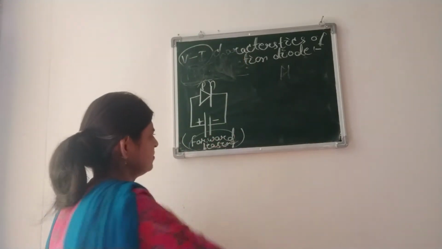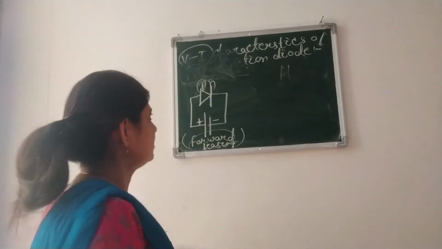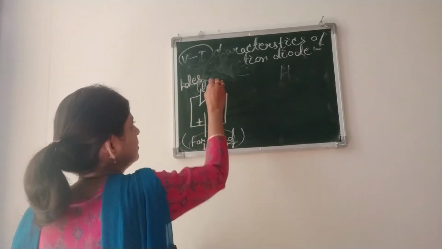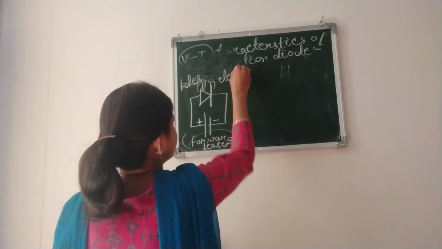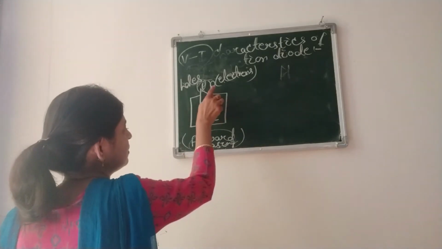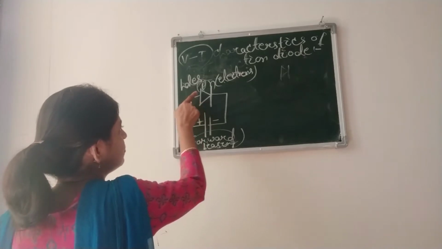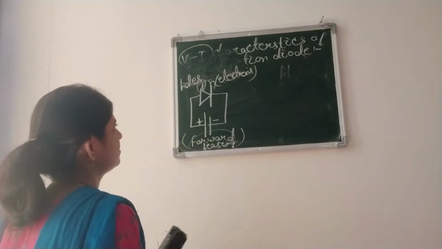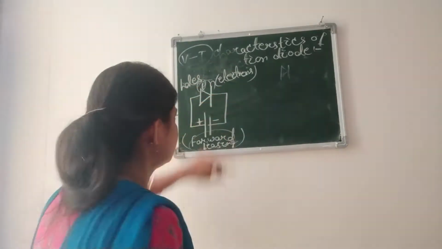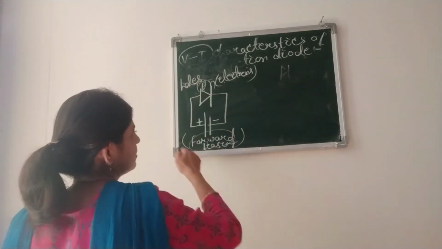During forward biasing, in the P side the majority charge carriers are holes and the majority charge carriers are electrons in the N side. So the majority electrons will diffuse to the P side, whereas the holes from the P side will diffuse into the N side, so that an electric field will be set up across the junction.